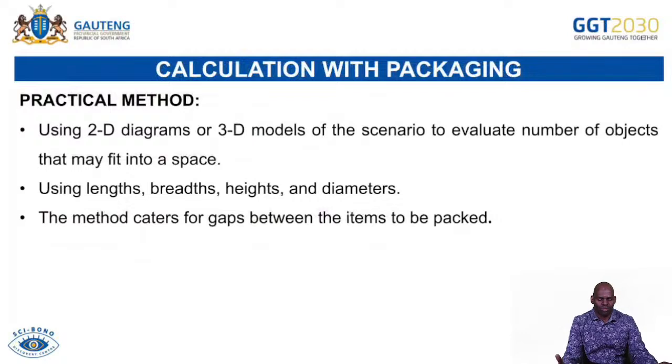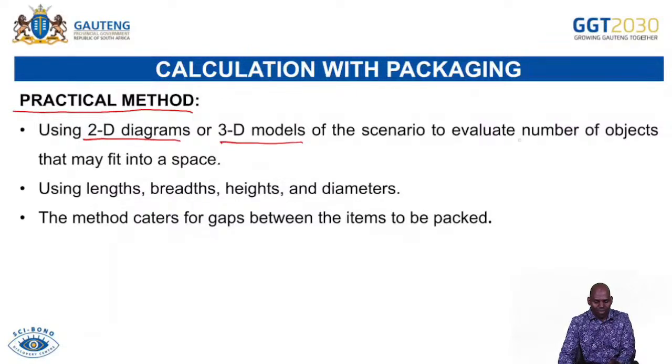Now, in terms of packaging, boys and girls, we've got two methods. We've got a practical method. You will see the practical method as we do the calculations. In the practical method, we're going to use two-dimensional diagrams or three-dimensional models of the scenario to evaluate the number of objects that may fit into a space.